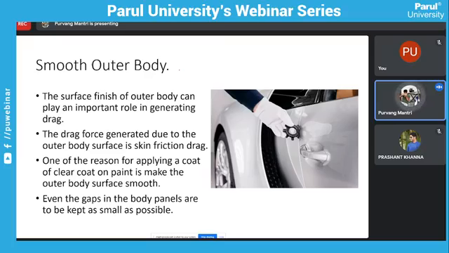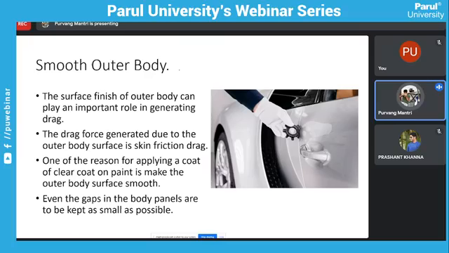Now if you have ever used an electron microscope, which is used to see the surface roughness of any sheet metal or plate metal, then you would have learned that the sheet metal that we see with our naked eye is not actually as smooth as we think it is. So it has minute irregularities and surface defects which can affect the skin friction drag of the vehicle.